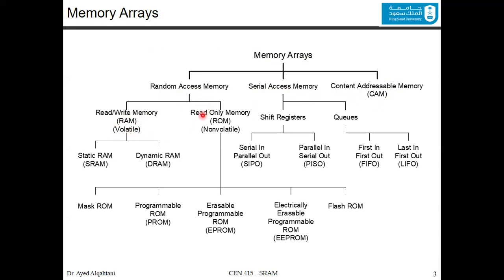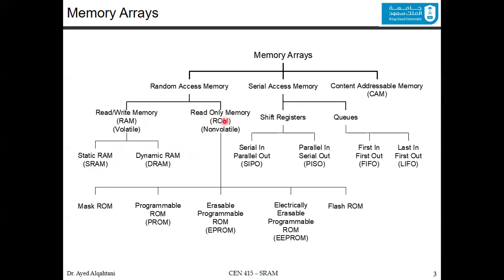The other type is the read-only memory, which is the ROM, and usually this is non-volatile. For the RAM, we have the static RAM, the SRAM, and this is the focus of this video. We also have the dynamic RAM, or what we call the DRAM.